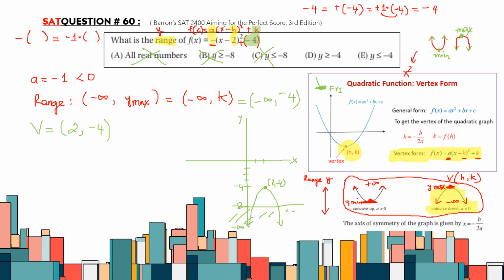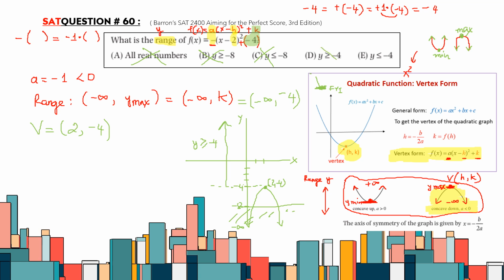Now, y greater than or equal to -4, or y less than or equal to -4. Greater than -4 is above -4, but in that area you don't see any part of the graph, it's only below.